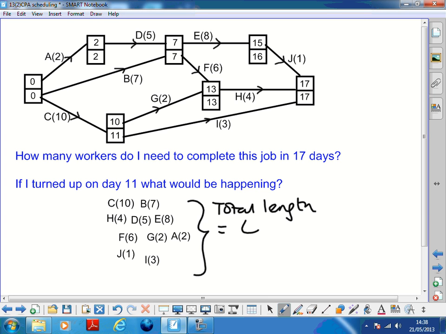Brilliant. So we've got 48 days' worth of work, admittedly in chunks that can't be chopped up, and also with precedences that have to hold. But forget that. 48 days' worth of work which has to be split up into 17 days. So what's 48 over 17?